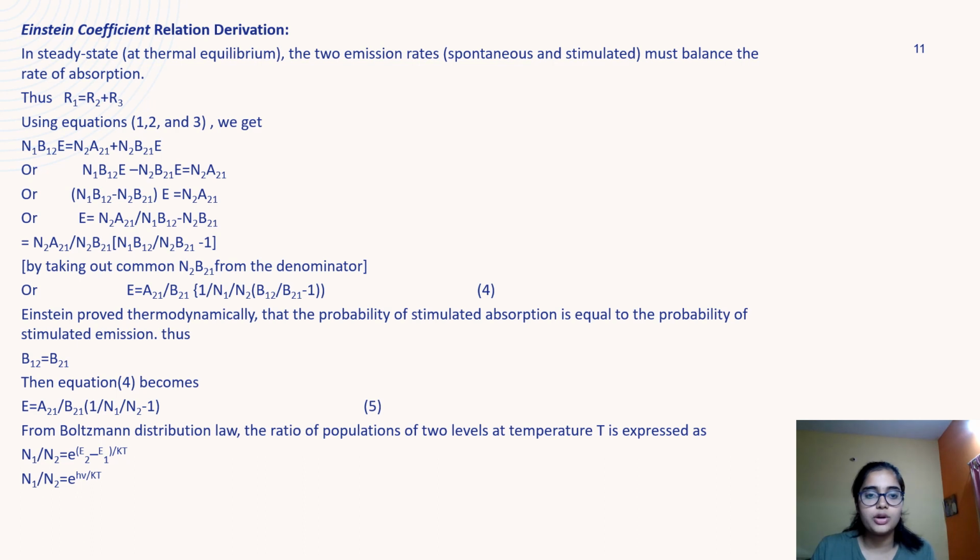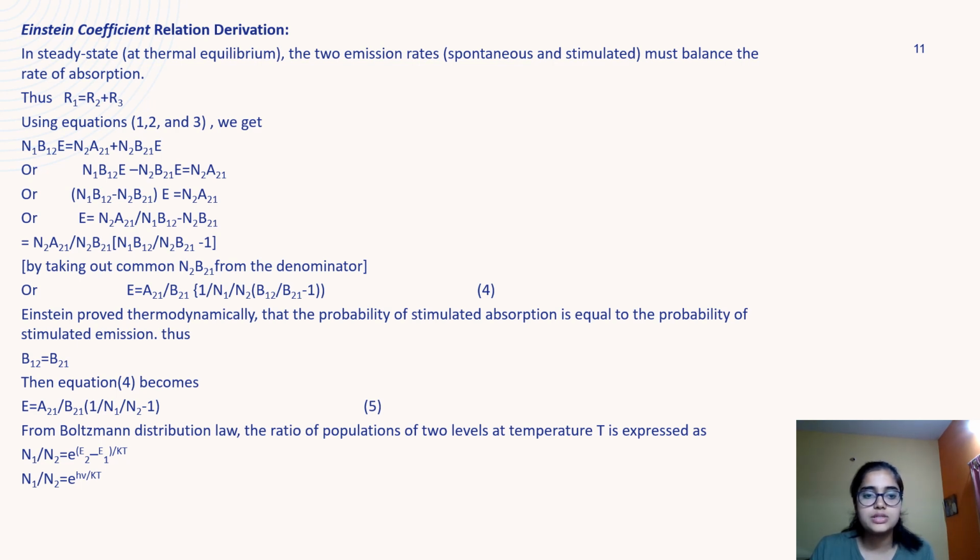Einstein proved thermodynamically that the probability of stimulated absorption is equal to the probability of stimulated emission. Thus, B12 is equal to B21. Then equation 4 becomes E is equal to A21 by B21 into 1 by (N1 by N2 minus 1).